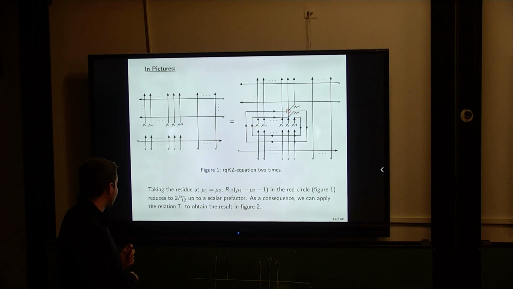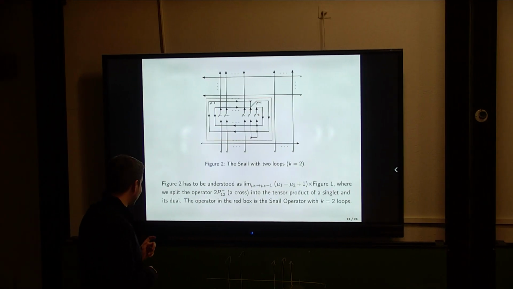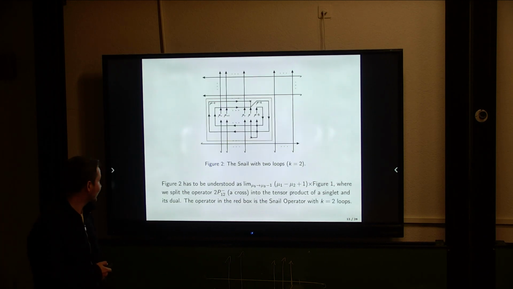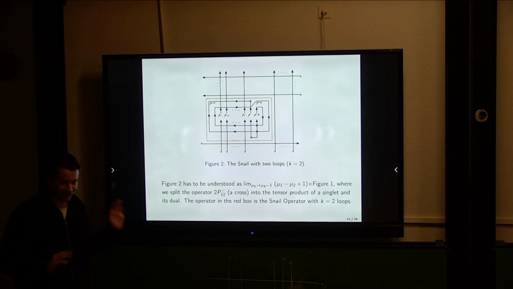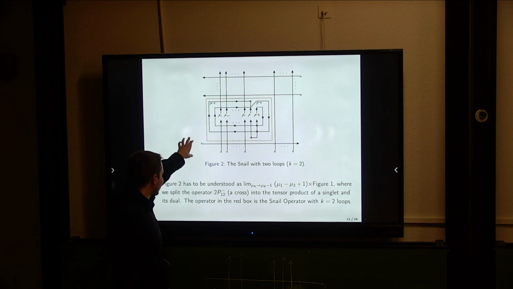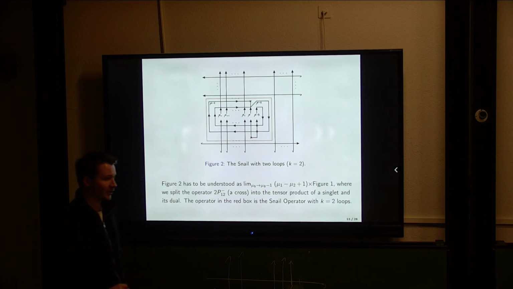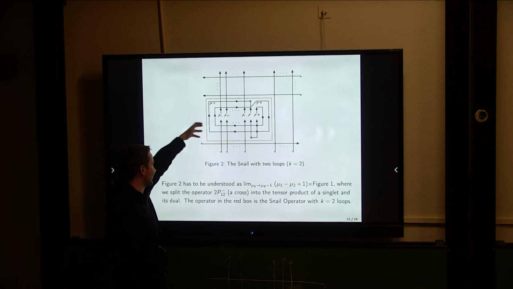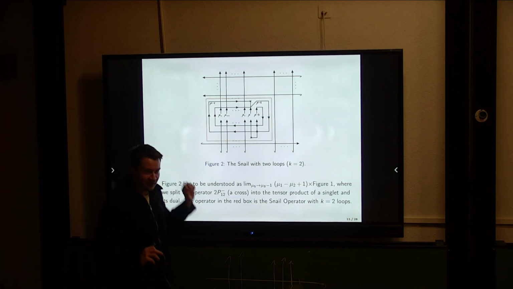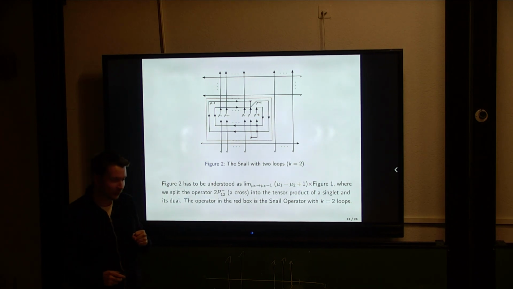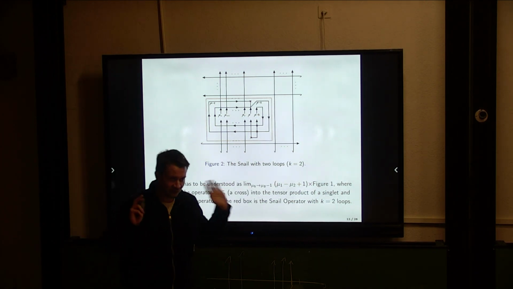And we know that we have relation 7, and we want to apply it. This picture has to be understood as a limit, mu1 goes to mu2 minus 1, and so the residue.